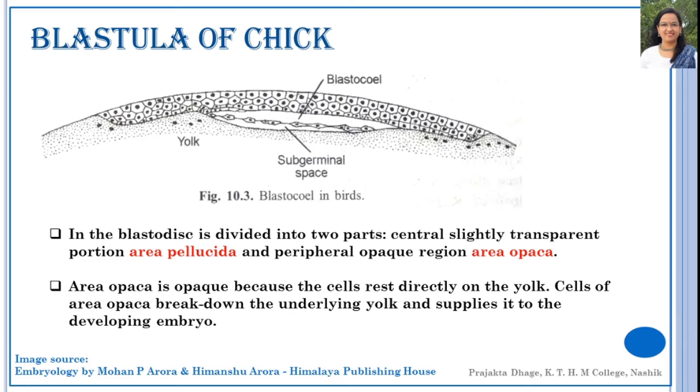A small number of blastomeres remain underneath the layer, and the yolk is formed by the adhesion of the cell. This layer is called the hypoblast, separated from the epiblast by a cavity.